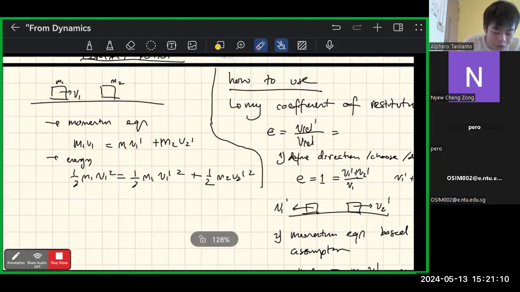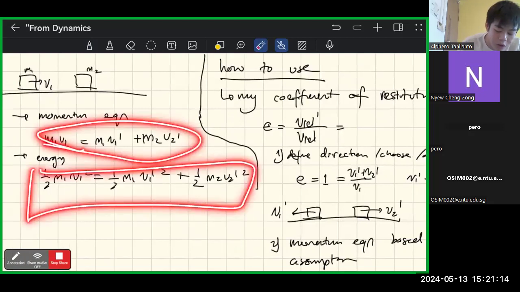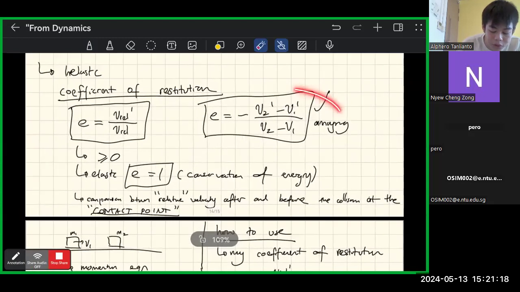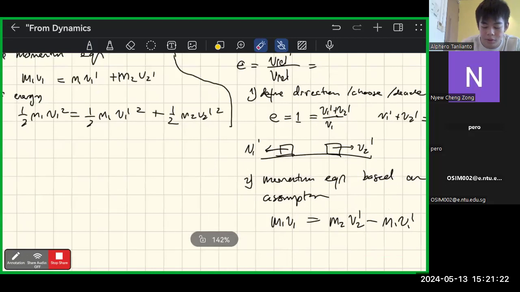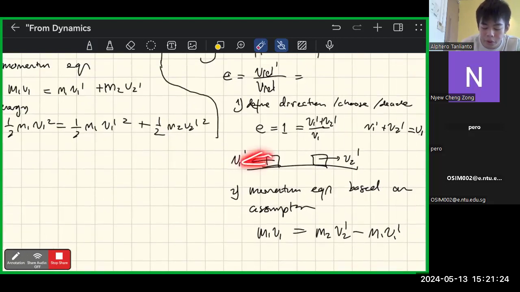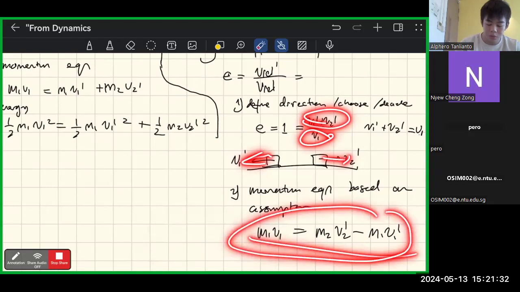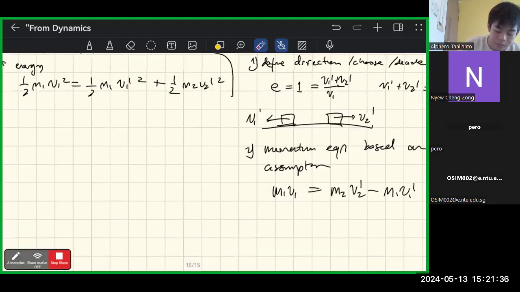But it's not very intuitive, because if you do this, you have to use the energy equation or the coefficient of restitution equation, which is annoying. But if you just assume from the start that both will go away, the relative velocity has to be added. v1 is this, and this is all you need to do, and then you just do some elimination from here and go on.